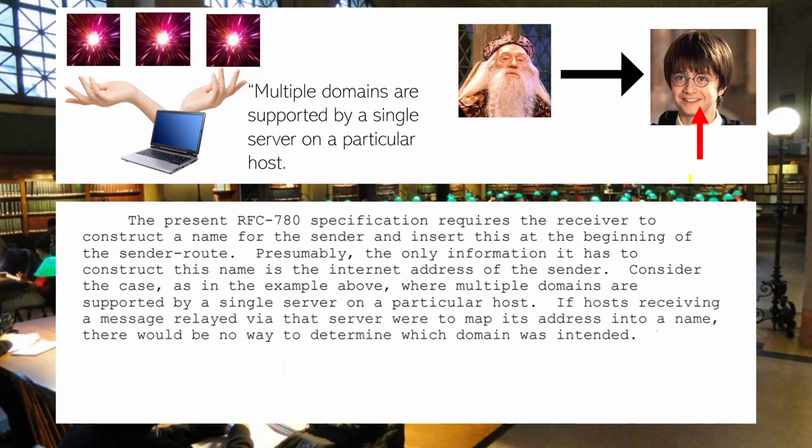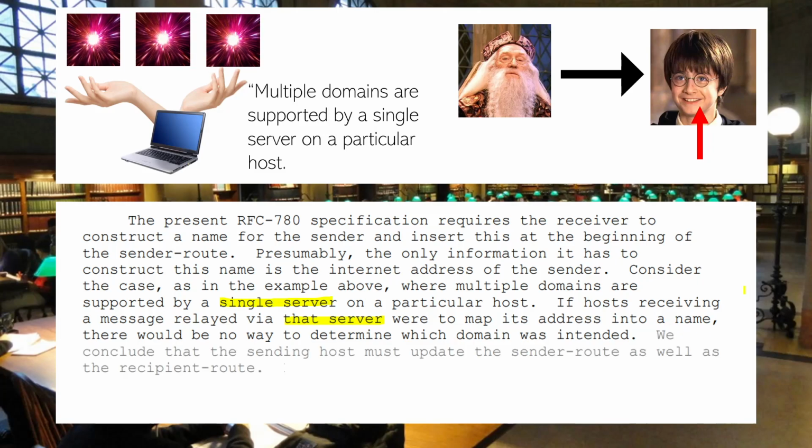If hosts receiving a message relayed via that server, the one that supports many domains, were to map that server's address into a name, there would be no way to determine which domain was intended.